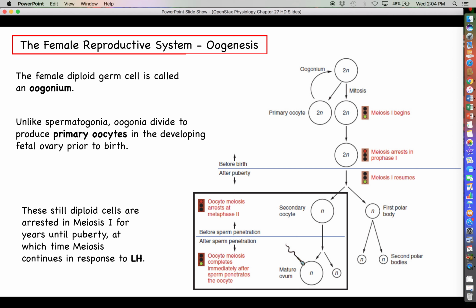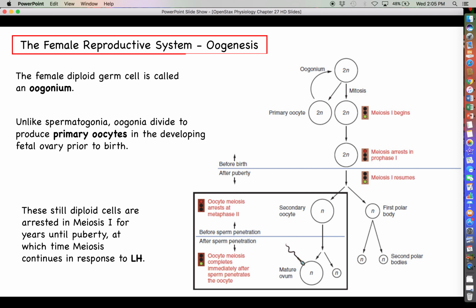Those diploid cells will arrest here until the onset of puberty. The production of those primary oocytes actually occurs much earlier in females than it does in males. Those primary oocytes actually start forming prior to the female being born.